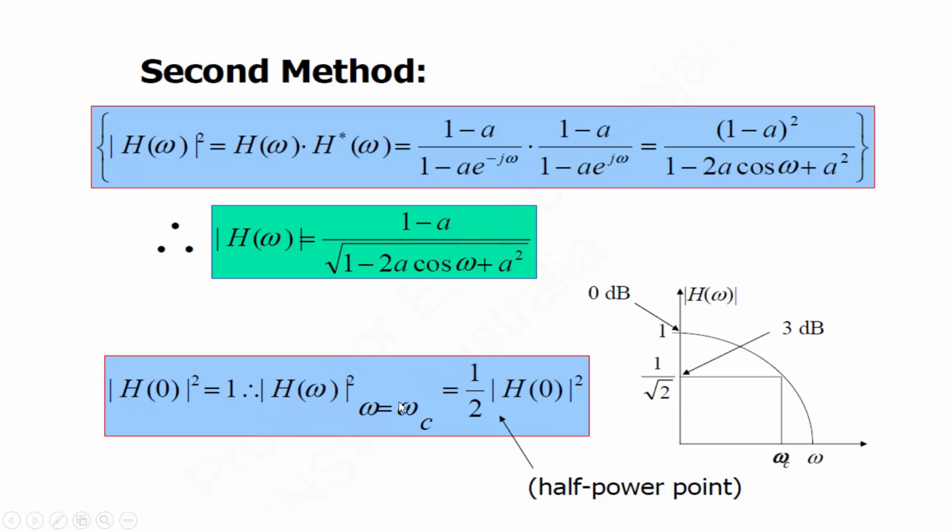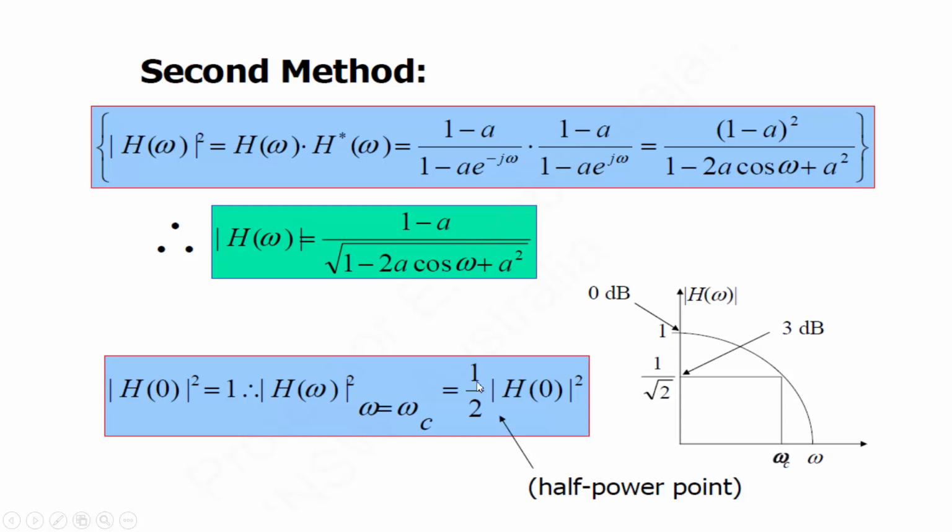Now we need to calculate the 3 dB bandwidth also. This is the frequency response, and our DC gain of the system is 1. The 3 dB bandwidth is 1 over root 2 of the gain, that means 0.707 of the gain.